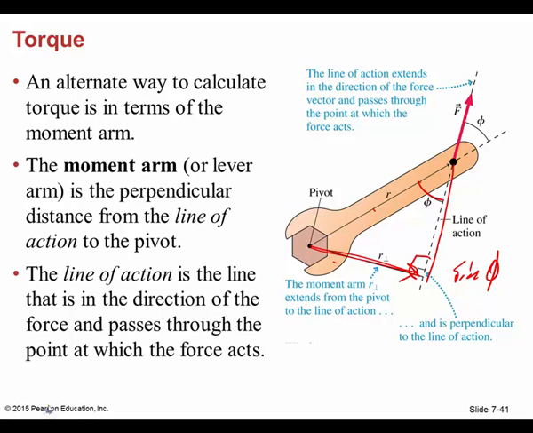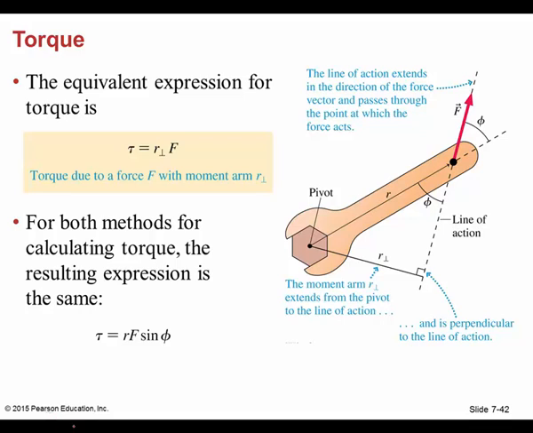Now, the equivalent expression for torque, as we've already talked about, is the radius of the moment arm times the force. But wait a minute, how do we measure that? How do we find the moment arm? Because we're pushing up here, all we know is this distance from the pivot point to the point at which we apply the force.